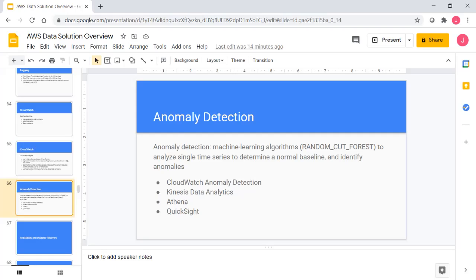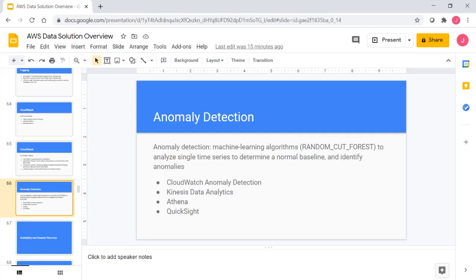And this anomaly detection algorithm has been widely used in several analytical services. For example, Kinesis Data Analytics, Athena, and QuickSight all have the ability to run anomaly detection.